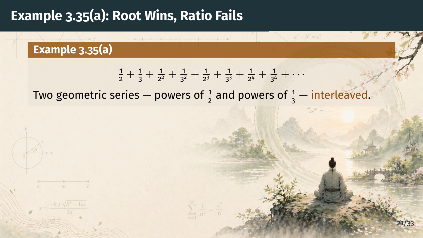Each individual piece is a perfectly nice convergent geometric series, but by shuffling them together, we create a series whose consecutive ratios behave wildly. Let's compute the relevant quantities and see what each test says.